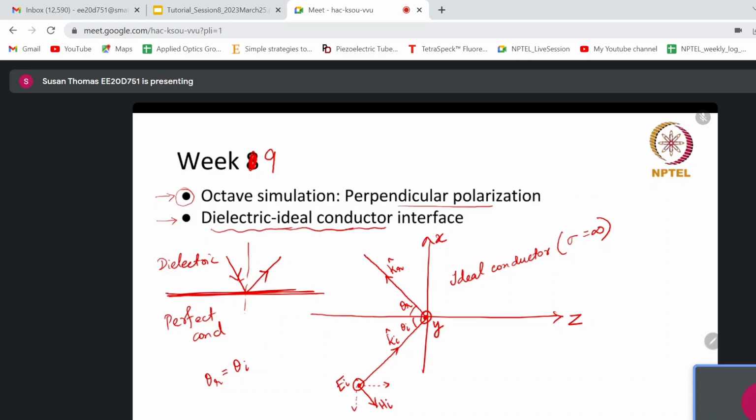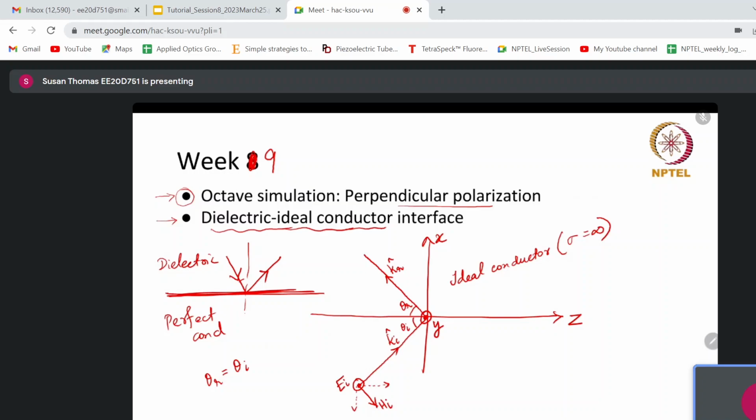Say Hi will have a positive Z component and a negative X component. Okay, so those can be determined with the help of this theta i. So that will be your magnetic field having two components, X and Z components.